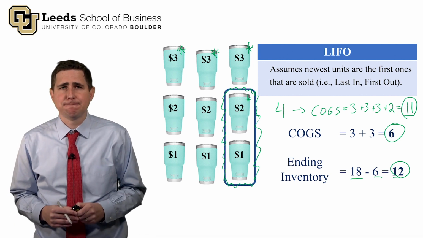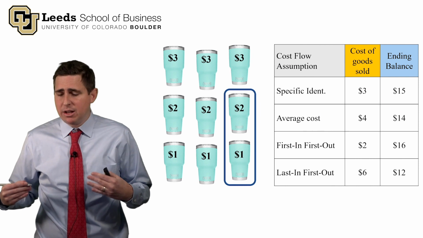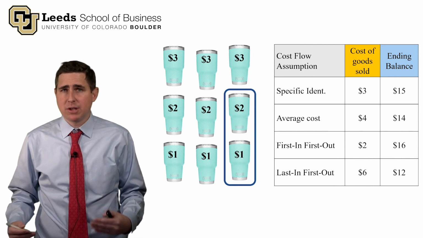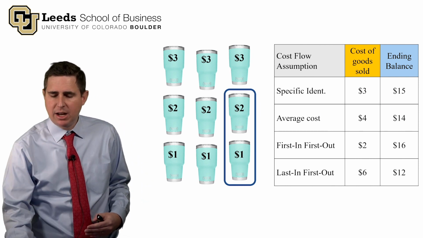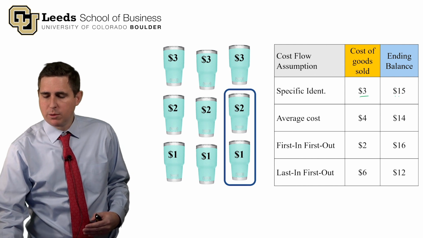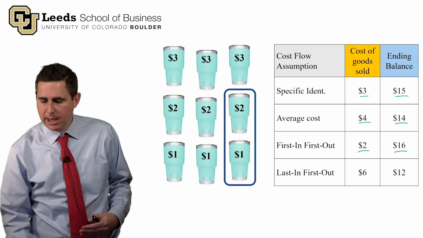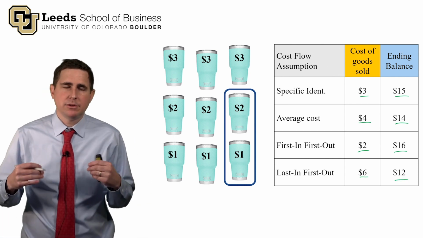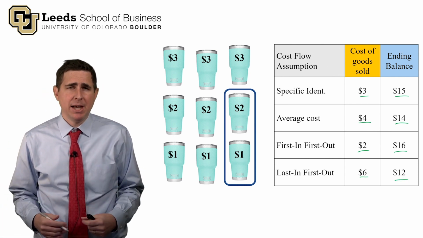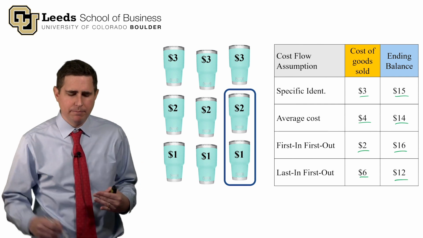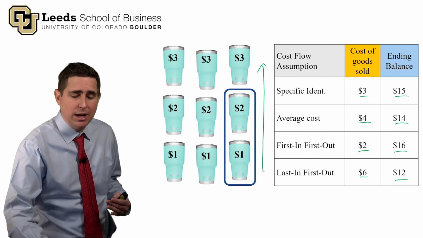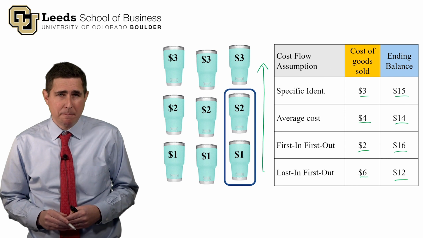Okay, so now we're finished going through the 4 cost flow assumptions that we'll learn in this class. Here's just a table to show you the result of these methods. Specific identification, here was our cost of goods sold, here was our ending inventory balance, average cost, FIFO, and LIFO. And something I want you to notice here on this slide, and this is just kind of a general rule, is that it's generally true that input prices increase over time.